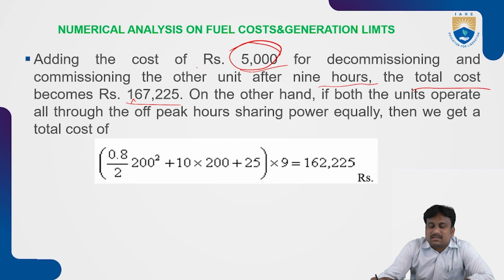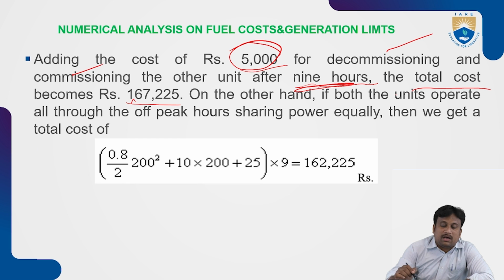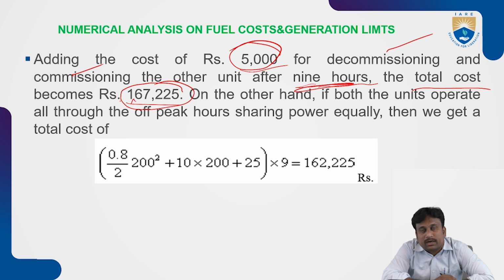This is because of decommissioning and commissioning purposes for the other unit after this 9 hours period, so the total cost becomes 1,67,225, because of adding 5,000 rupees as charges.